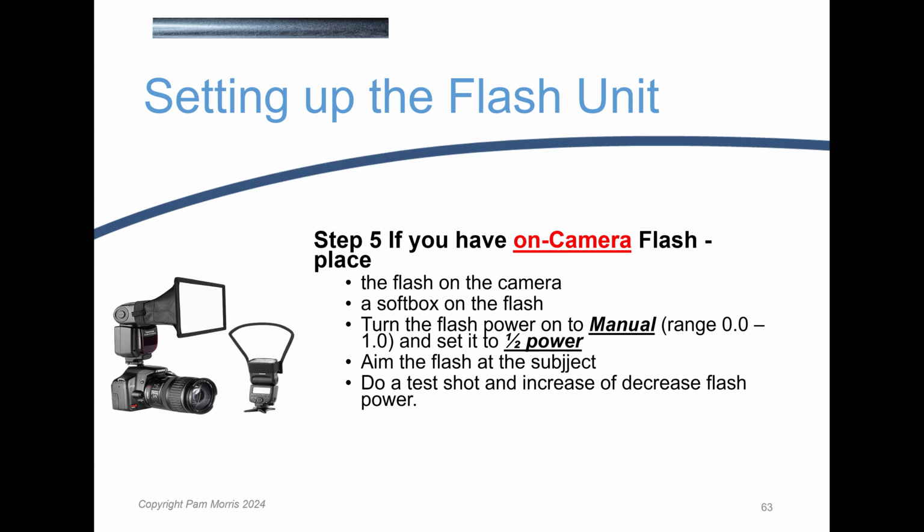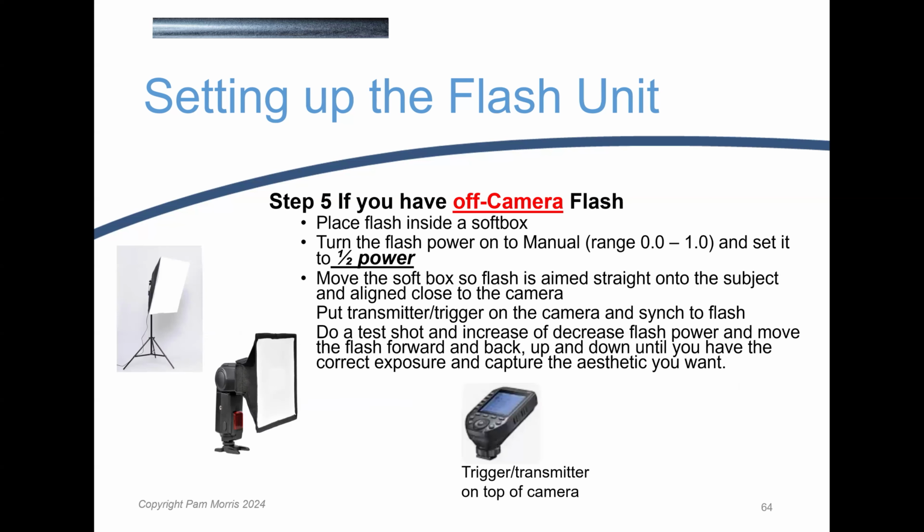So if it's slightly underexposed on the face, I put it up perhaps from a half to 5/8 or 3/4. That enables me to increase it slightly, do another test shot, and you just adjust the power that way. Aim the flash at the subject, do a test shot, and increase or decrease the power.